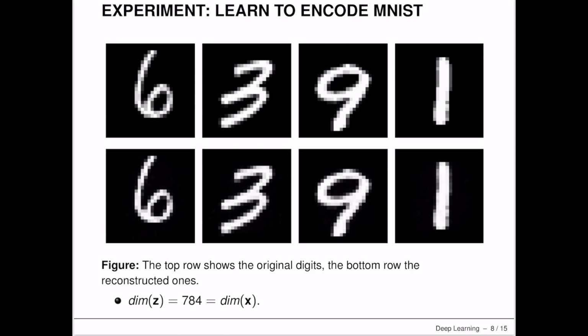In the first row, we see the original images, and in the second row, the reconstructions. If we use exactly as many hidden neurons as we have input neurons, then we get exactly what we imagined could happen. We get an exact copy of the input. So we see that really every single pixel, even small little details, are exactly the same as in the input. So we learn an identity mapping.